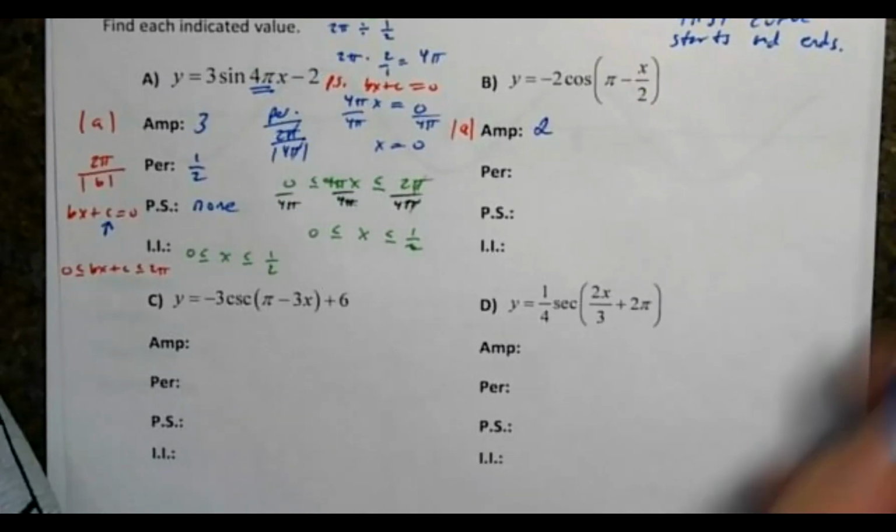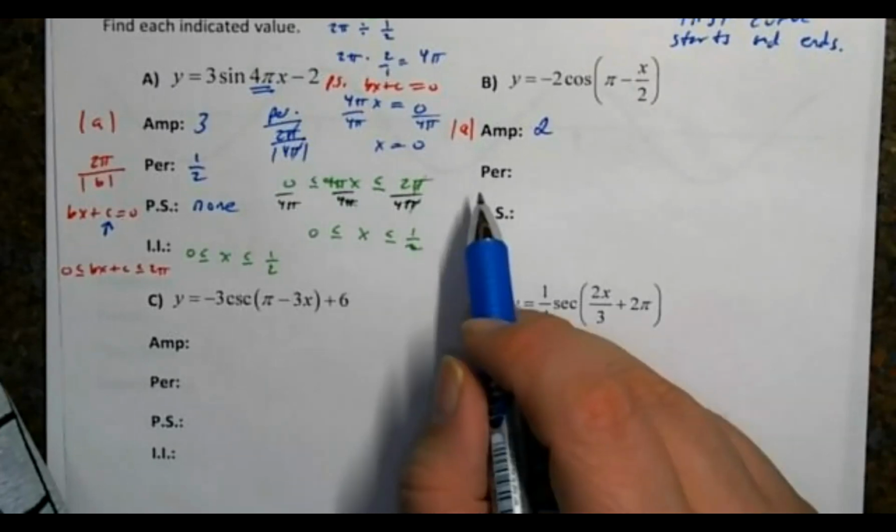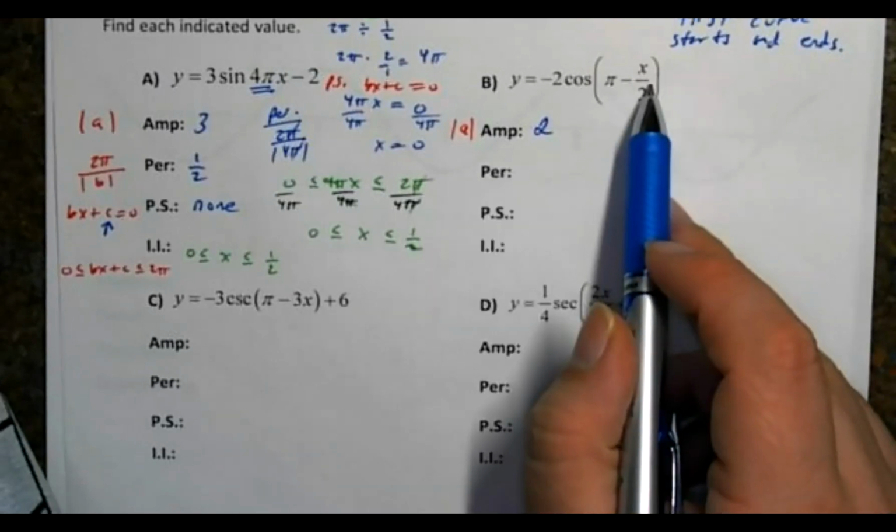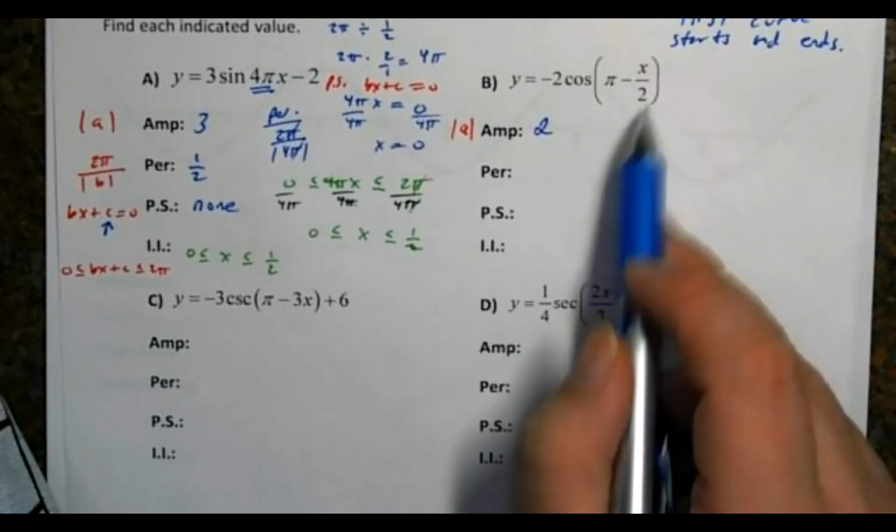Period. Now notice this time, here's x, so the B term is -1/2.